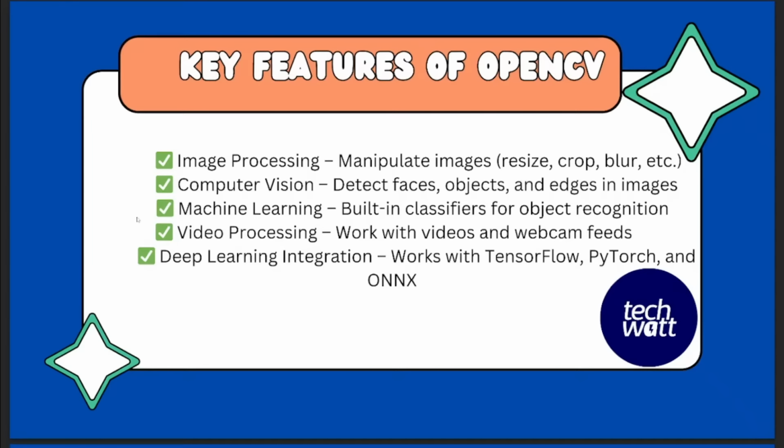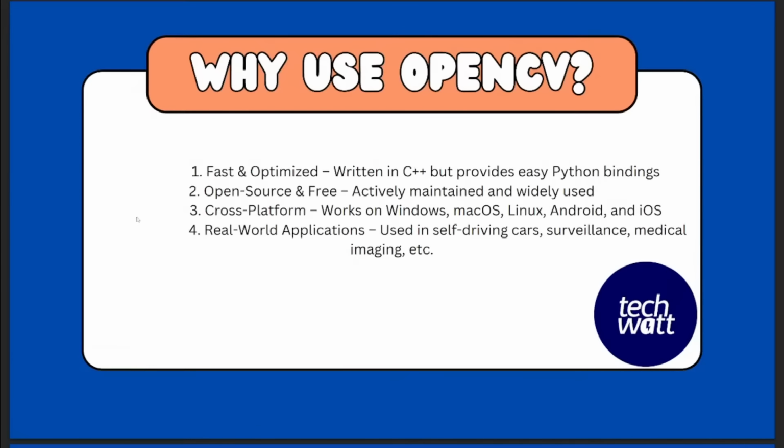Finally, OpenCV can help you with deep learning integrations, which work with TensorFlow, PyTorch, and ONNX. Okay, so OpenCV supports all of these particular frameworks, so it's very easy and flexible for you to use OpenCV, and I think it's very nice if you learn OpenCV to help you a lot in your computer vision or AI journey.